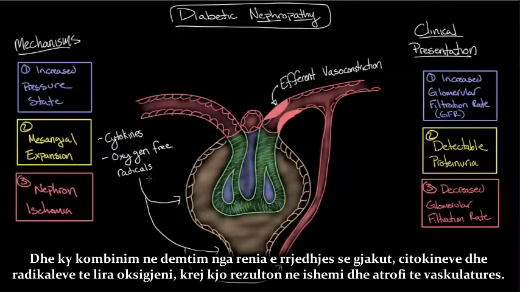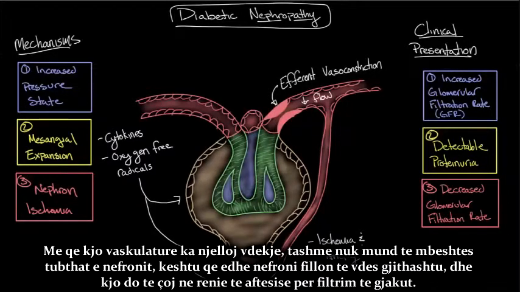And this combination of damage from decreased blood flow and cytokines and oxygen-free radicals results in ischemia and atrophy of this vasculature. And as this vasculature dies off, it no longer can support the tubules of the nephron, so the nephron itself begins to die off as well, and so there's a decreased ability to filter the blood.